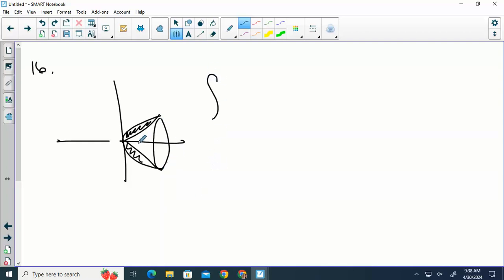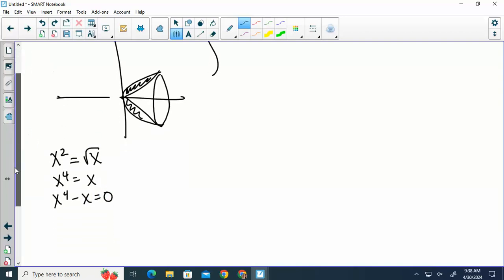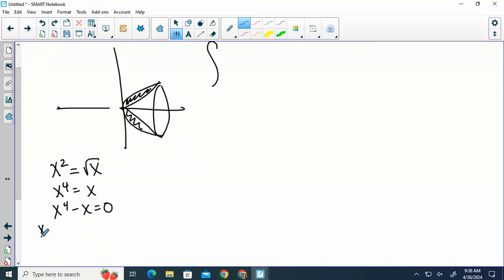So we'll integrate. We need right to left. So we need to find out where these curves are equal, because I didn't give you starting and ending points. I would probably square each side first, so you get x to the 4th equals x. So x to the 4th minus x equals 0. Take out an x.